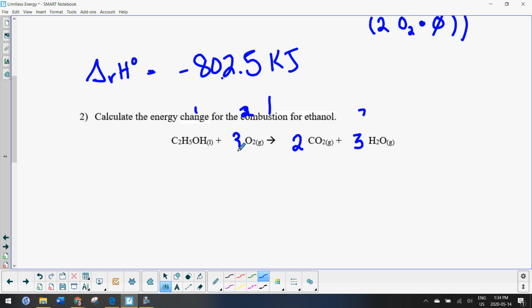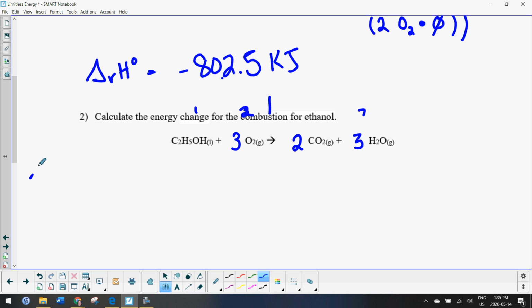So say I put a 3 here. 3 times 2 is 6, plus 1 is 7. 2 times 2 is 4, and then 3 times 1 is 3. 4 plus 3 is 7. So I have 7 and 7. So that's balanced. Okay, so this one's more challenging to balance than anything.